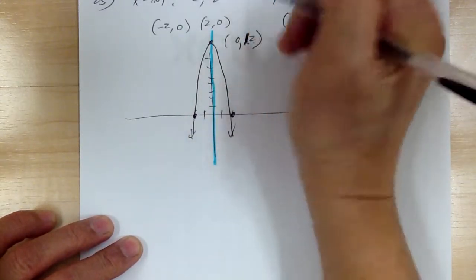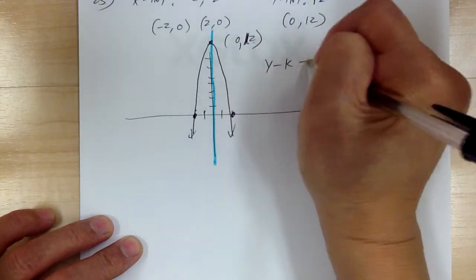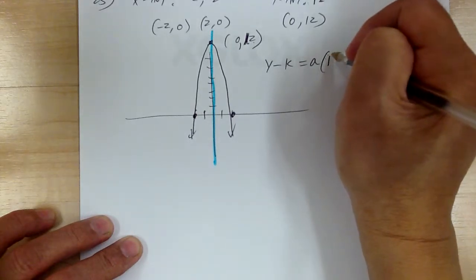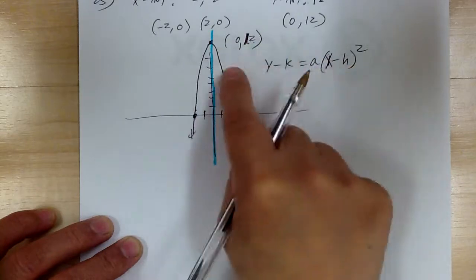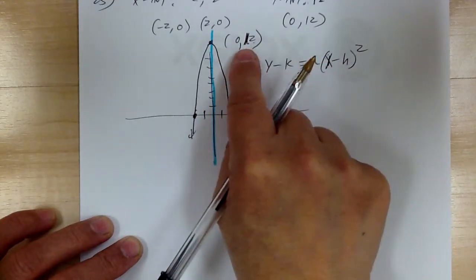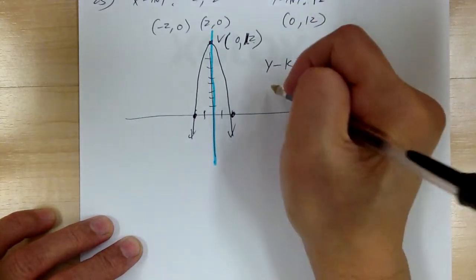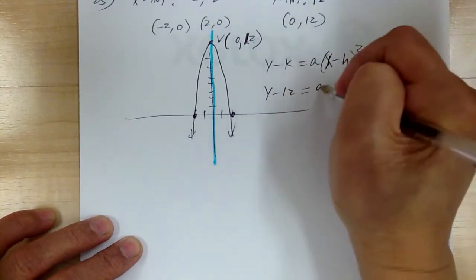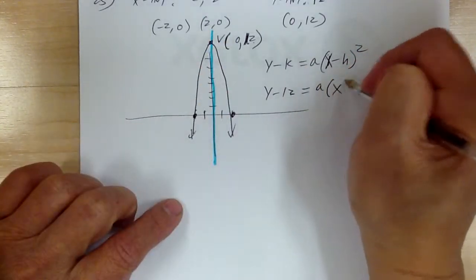So again, start with your template. Your equation would be y minus k equals a times (x minus h) squared. That's your vertex, it happened to be (0, 12). So you're going to get y minus 12 equals a times (x minus 0) squared, which is just x squared.